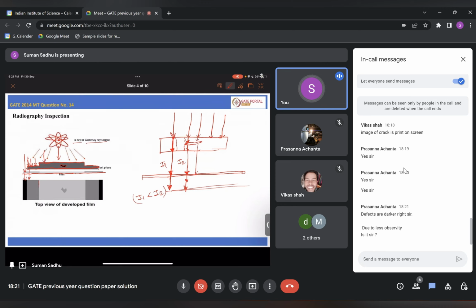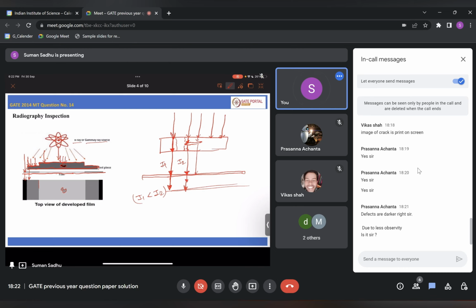That's why the contrast is also changed. It is going into the grayish region, right? Now in this region you have to track when your X-ray or gamma ray is crossing through this portion of the sample, and you can see the projection of that crack here on the screen.